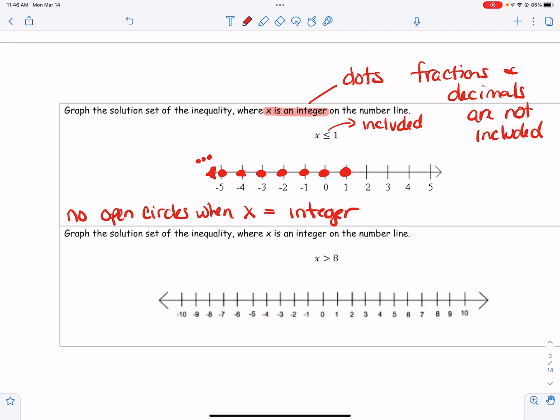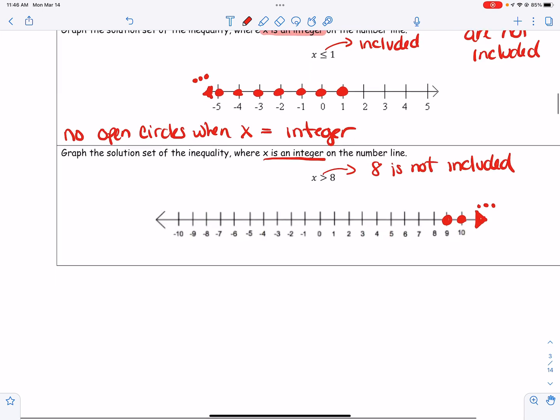Again, x is an integer. It says x is greater than 8, so 8 is not included. That means it's going to start at the first integer that's larger than 8, which would be 9. And then you would have your dots, which would then shade in that arrow.